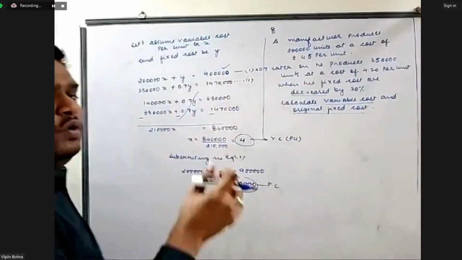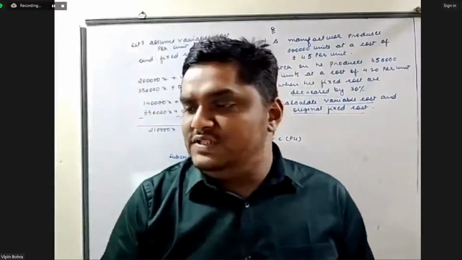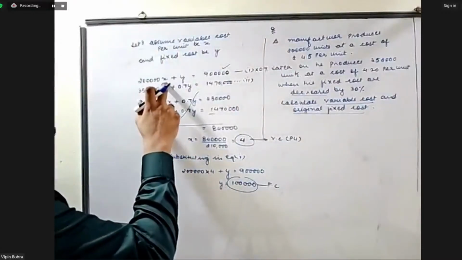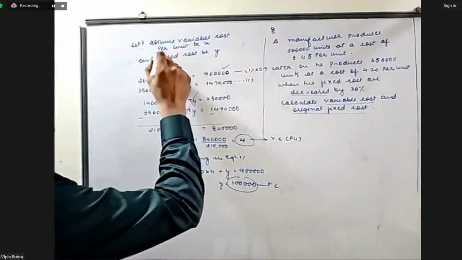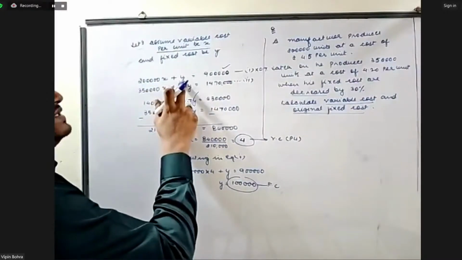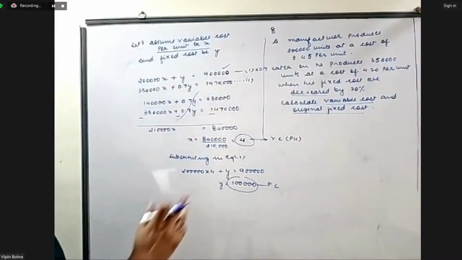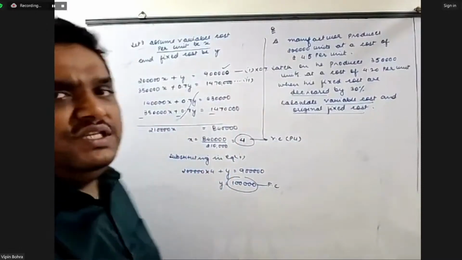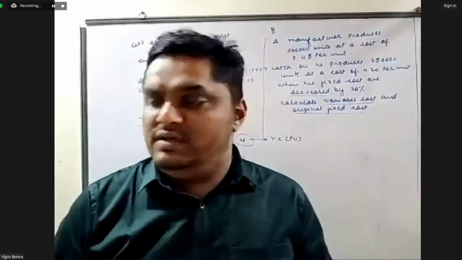The formula for total cost is variable cost plus fixed cost. So my variable cost will be 2 lakh into X, that is the variable cost per unit is, let's say, X. So 2 lakh into X plus Y is my fixed cost. It should be 9 lakh. Similarly, equation 2 is also formed. Now, once the equation is formed, we can easily solve the question.